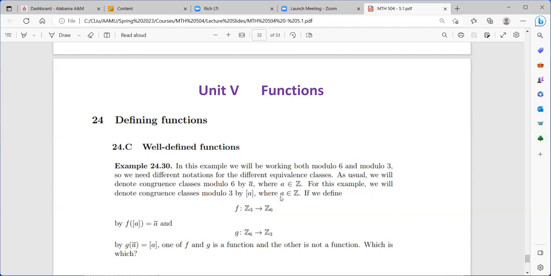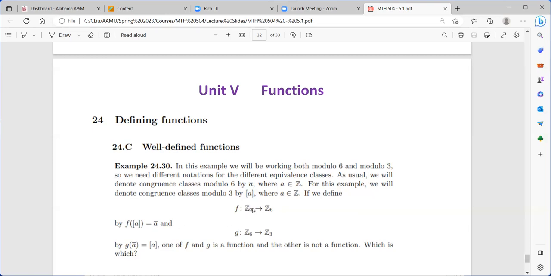So let's try to define two relations. One, we call it f from Z3 to Z6. So Z3 has 3 classes, so it has 3 elements in this set, and Z6 has 6 elements. So these are 2 sets. What's the rule?